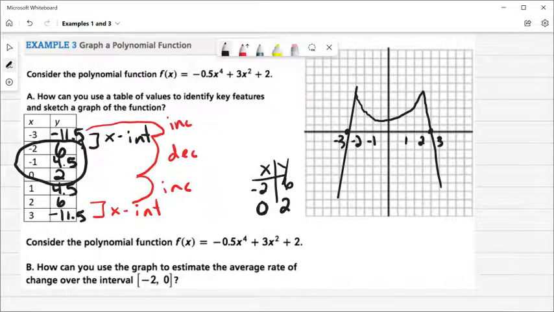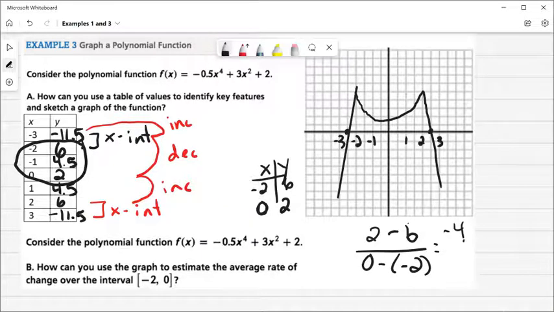And so the slope would be 2 minus 6 over 0 minus -2. All right, so that's -4 over +2, so my average rate of change is -2.